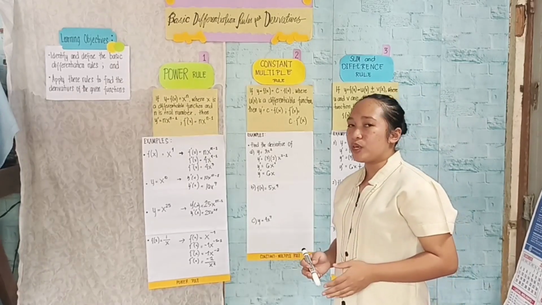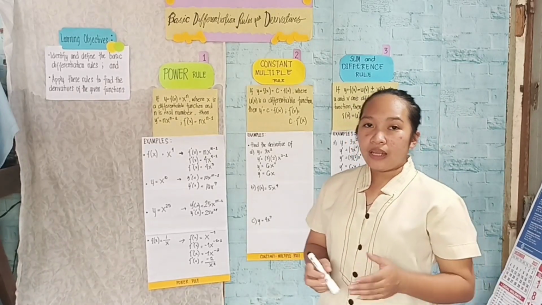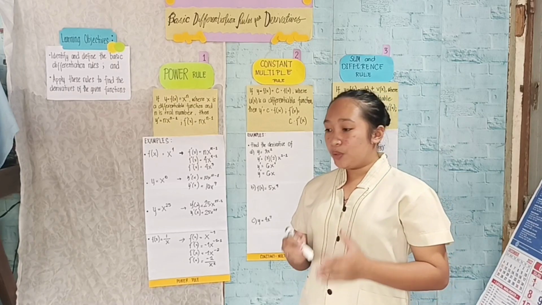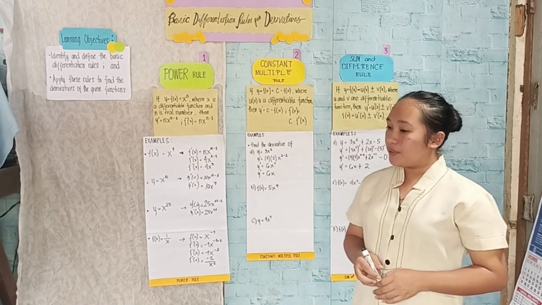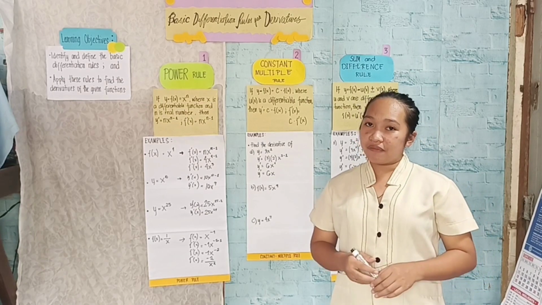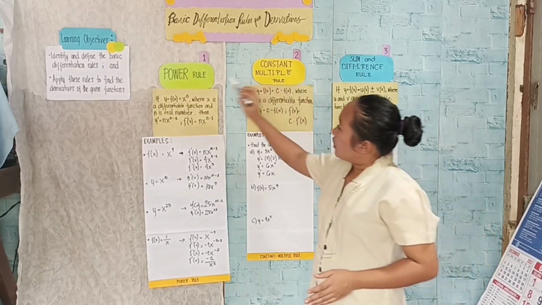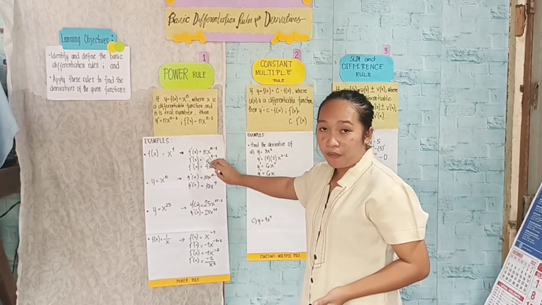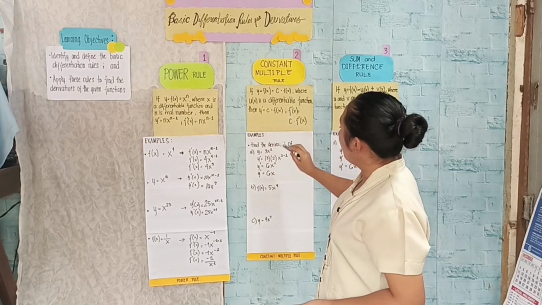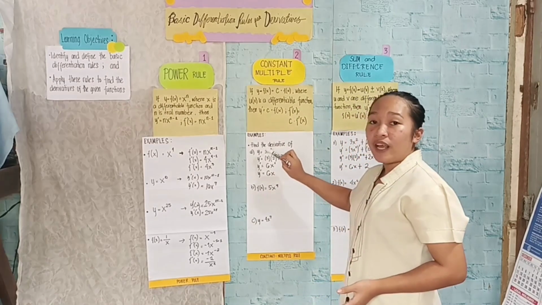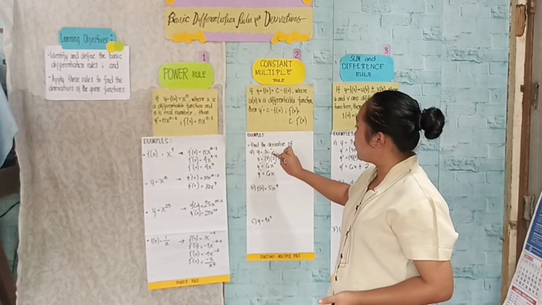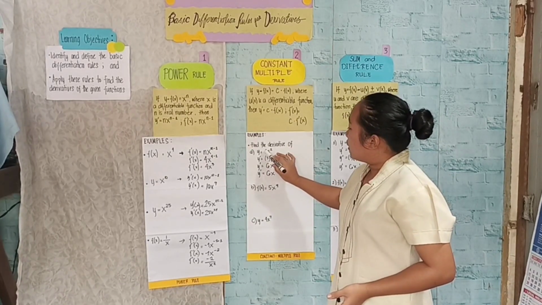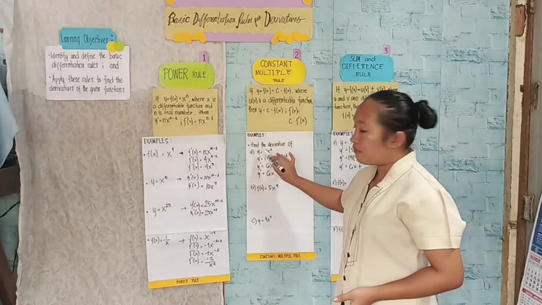So let us remember that in applying this rule, first we have to multiply the exponent by the numerical coefficient of the given function. In the power rule, the exponent becomes the numerical coefficient; here in the constant multiple rule, since it already has a numerical coefficient, the exponent will be multiplied by the numerical coefficient of x.